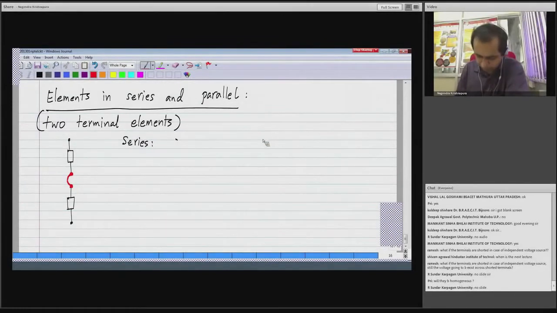So, one of the terminals of element number 1 is connected to one of the terminals of element number 2, and to that point nothing else is connected.